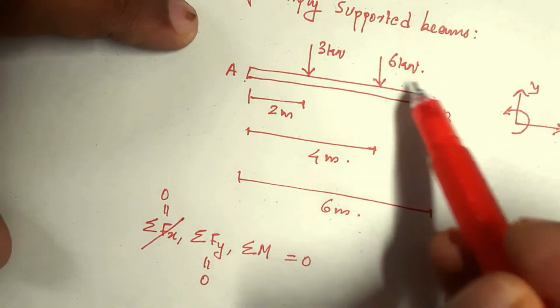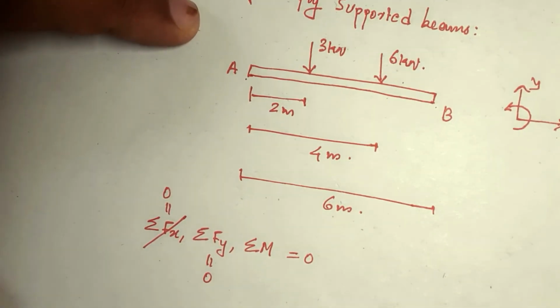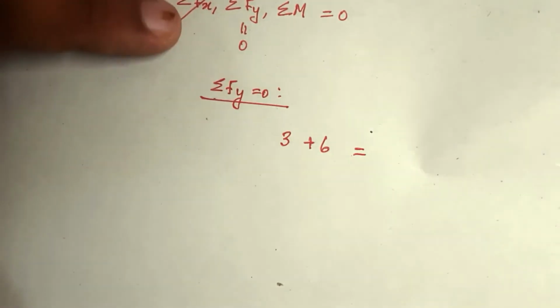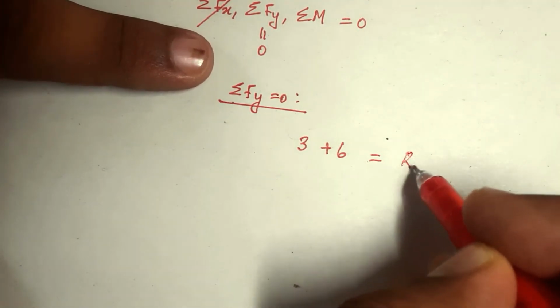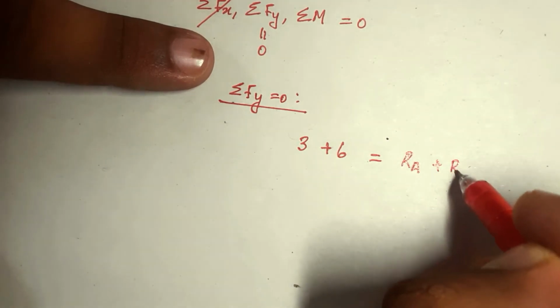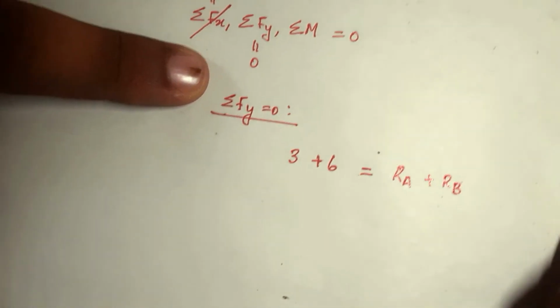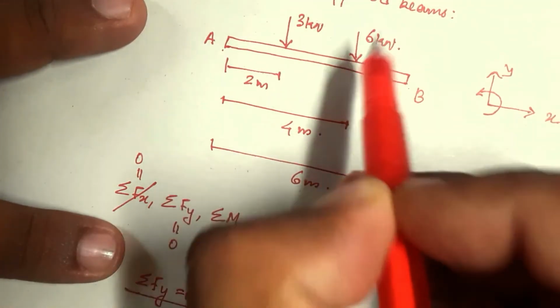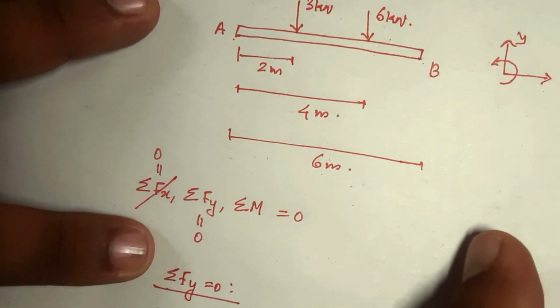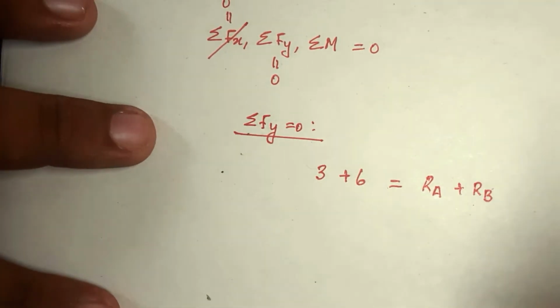This is what is acting, right? 3 kilonewton plus 6 kilonewton should be equal to forces at A and forces at B. Or forces at A and forces at B should oppose this total force, right? Now this is the first equation.